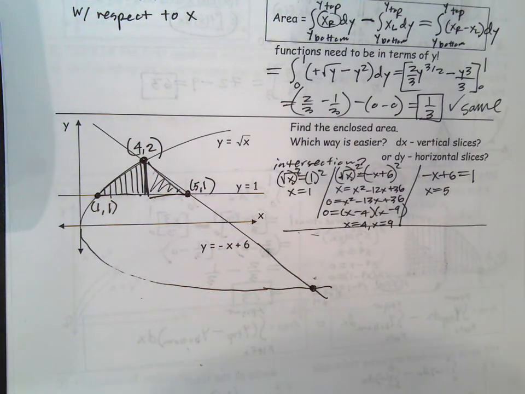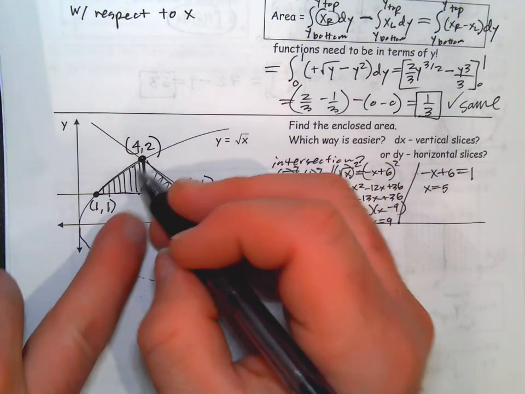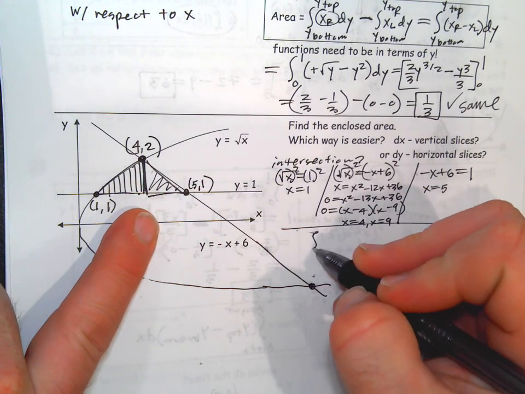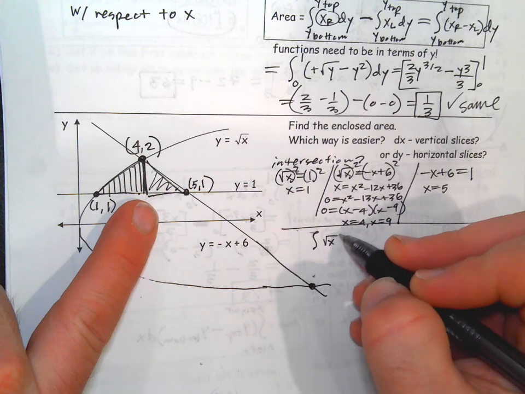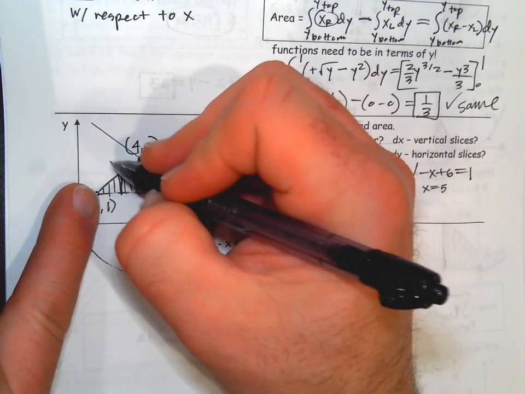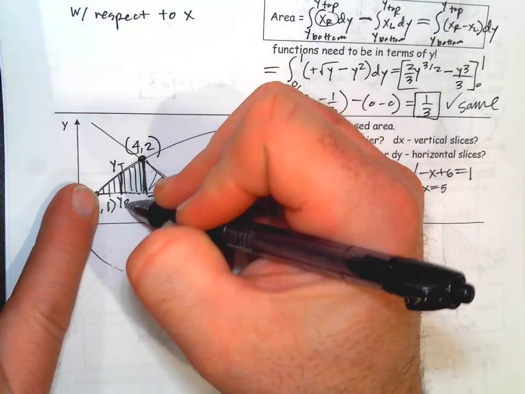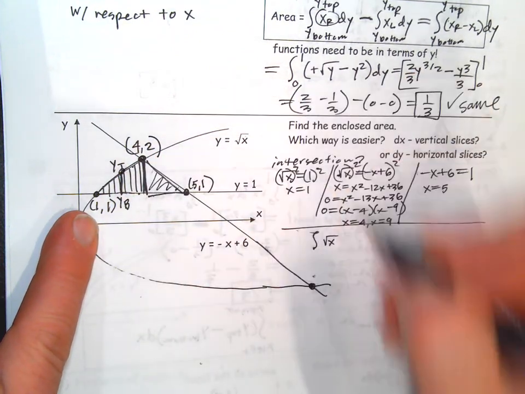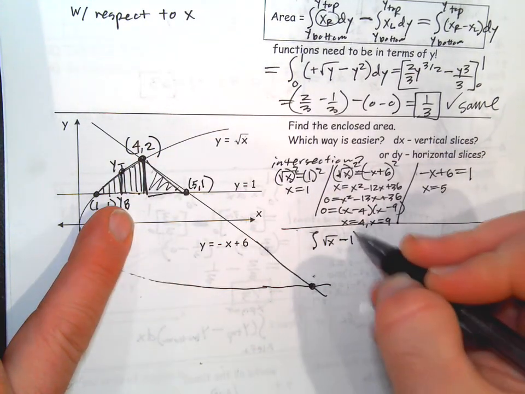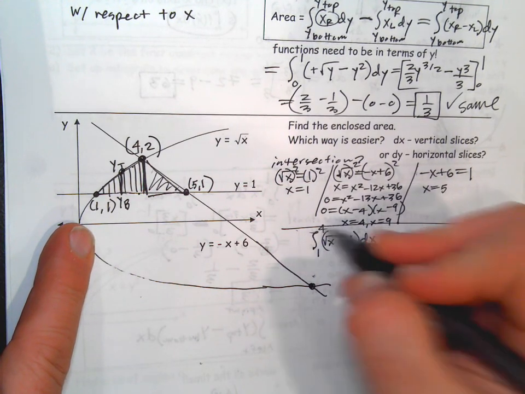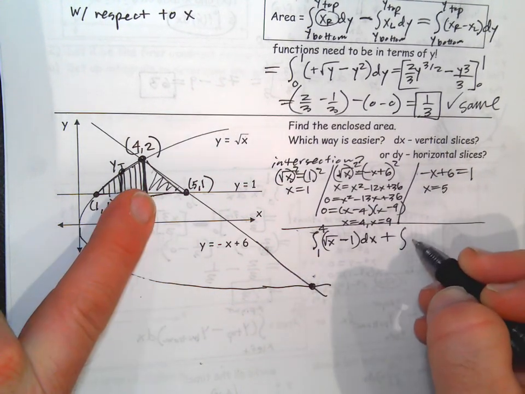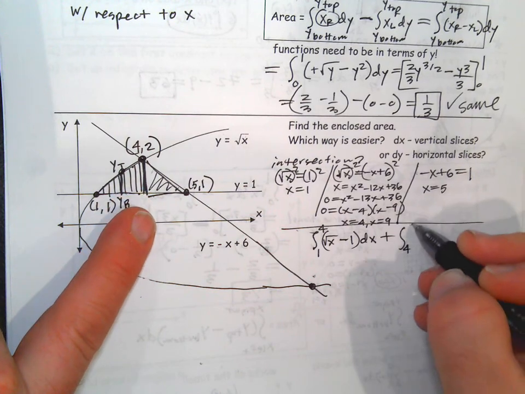Now, to find this area, we're going to have to do y top. If you look at one slice, it's y top minus y bottom. And y top is square root of x. Y bottom is 1. And we're going to integrate with respect to x. And we're going to go left to right from 1 to 4. That's going to give you that area. And the next area is going to be 4 to 5.